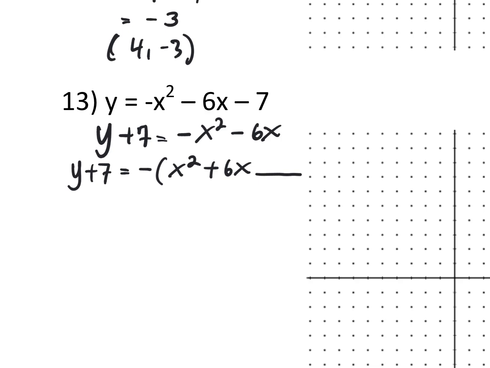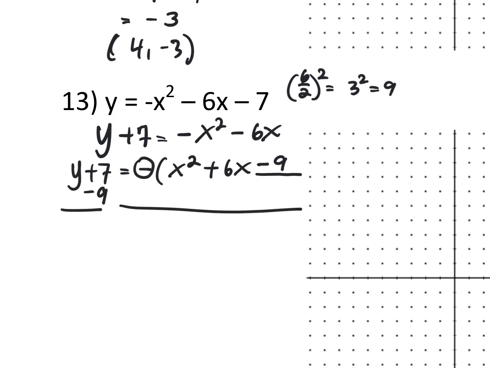So my middle term here is 6. 6 divided by 2, and then square it, that's going to give you 3. 3 squared is equal to 9. But since I have a negative outside, I need to multiply that by negative, so this will become negative 9, and on the other side is also negative 9.